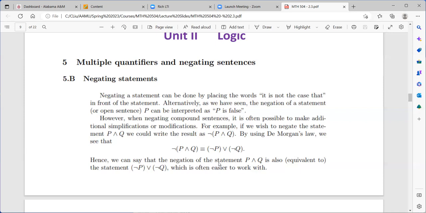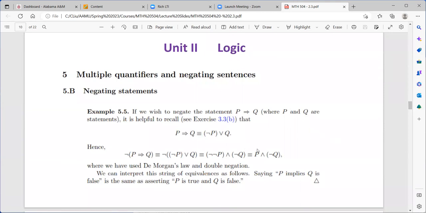So we can say that negation of the statement P and Q is also equivalent to the statement negation P or negation Q. And sometimes this saves a lot of work.